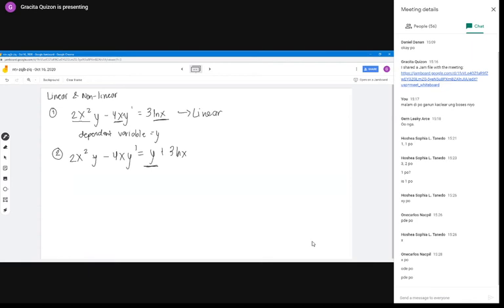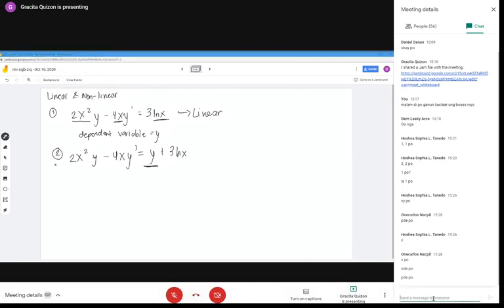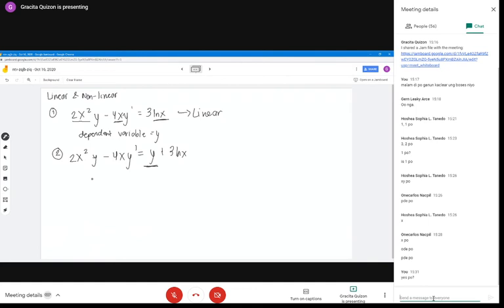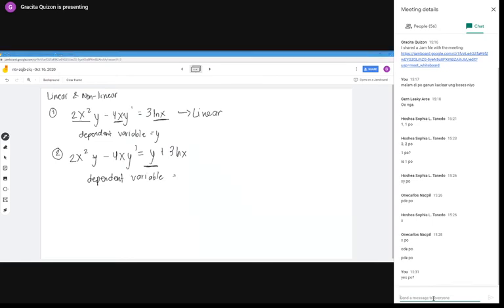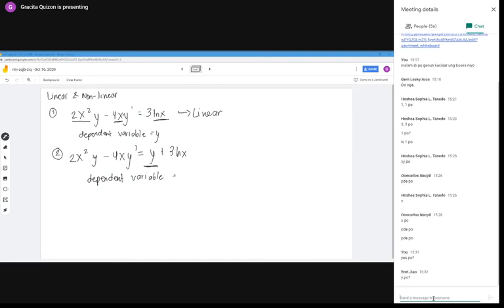Let's identify the dependent variable first. What is the dependent variable? Y. Okay, y.